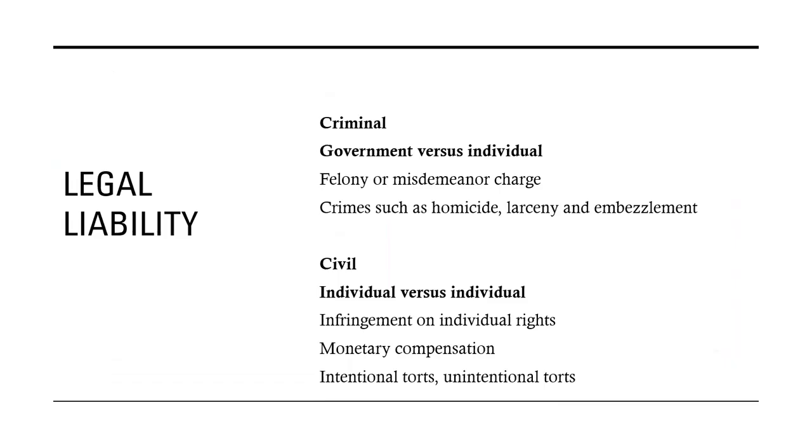Stopping to ensure that we do our medication administration rights, ensuring that we verify who that patient is prior to giving those medications or performing care, ensuring what their code status is, you know. So legal liability, in the event that we are found liable, it can lead to jail time, prison time. It can also lead to having to pay monetary compensations.